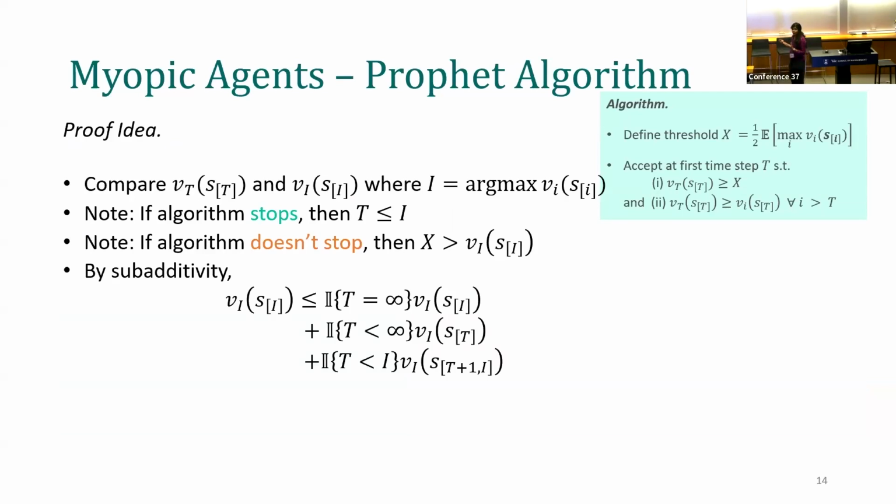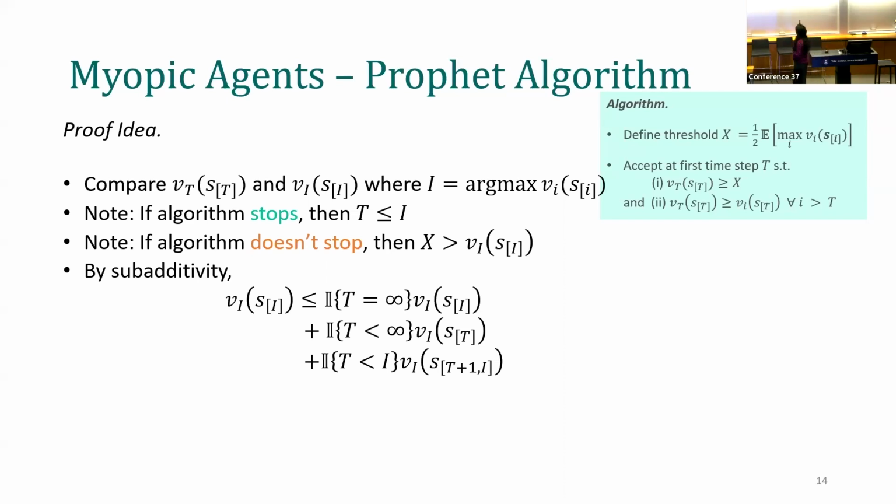So the main thing we want to do is to compare the agent that the algorithm accepts, who is at time t, bt, and the optimal agent, the agent who has the highest value when we look at everybody. And note that whenever the algorithm stops, it has to be the case that we stop before we see the optimal agent.